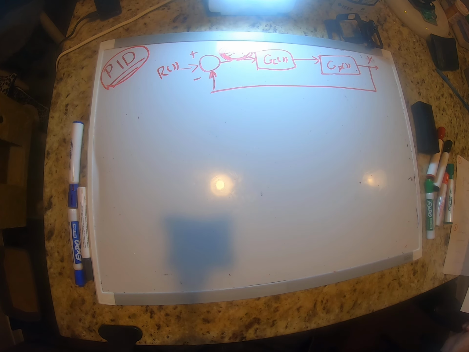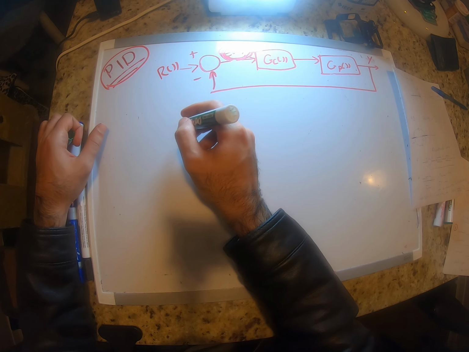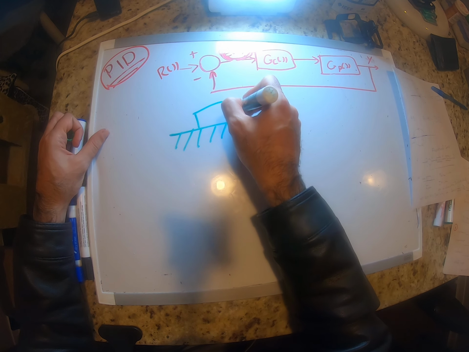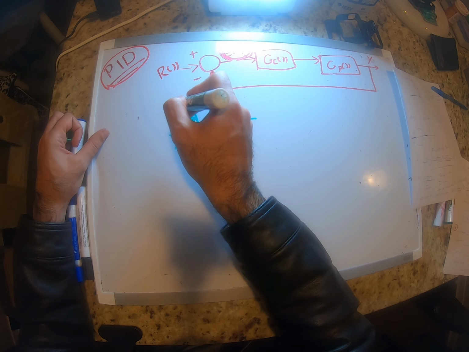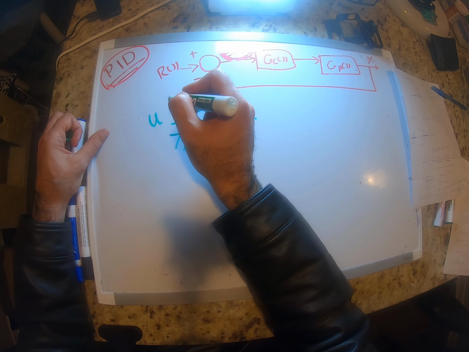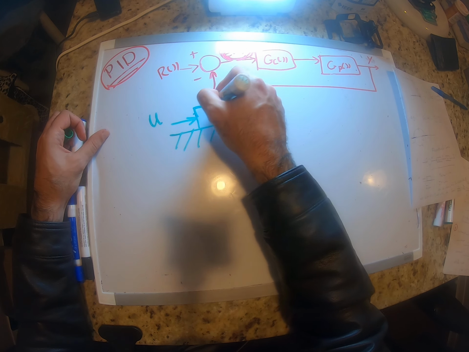So let's look at one example. This is not an electrical example, it's actually a mechanical example, similar to what we saw before. So this time we have an object, we apply a force.